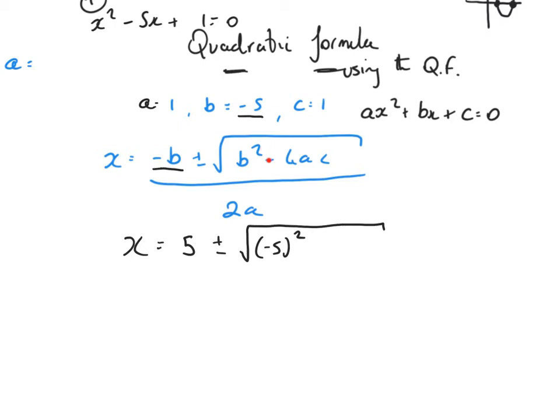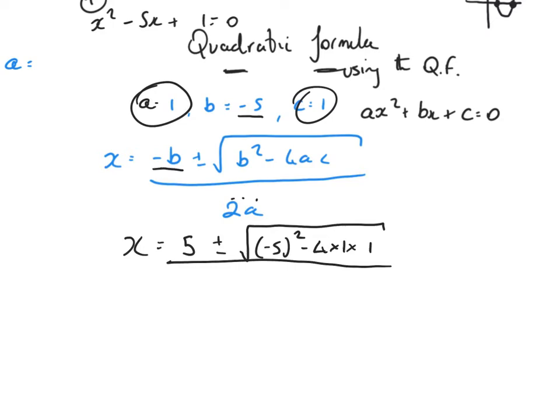And then it's minus 4 times a, which is 1, times c, which is 1, divided by 2 times a, which is 2 times 1.